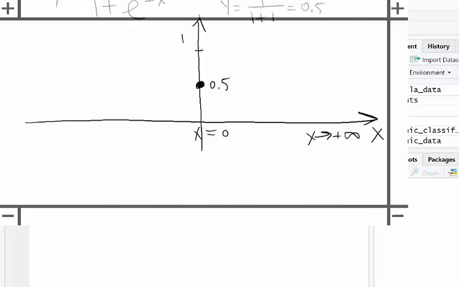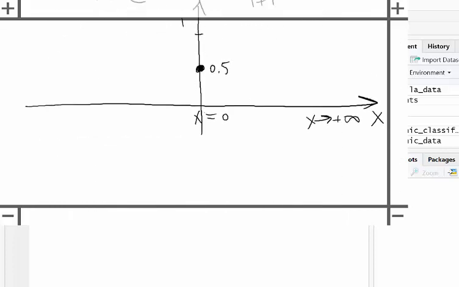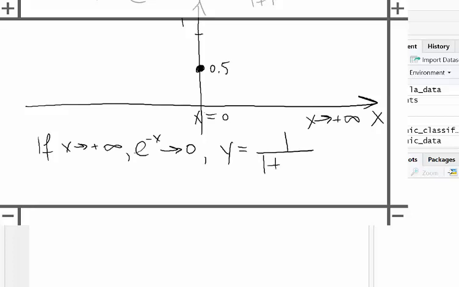So, if x goes to plus infinity, then e to the power minus x goes to 0, and therefore in my logistic function, 1 divided by 1 plus e to the power minus x, this term becomes very, very small, almost non-existent.